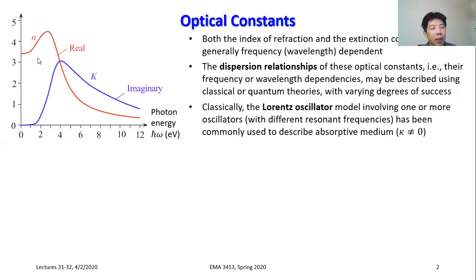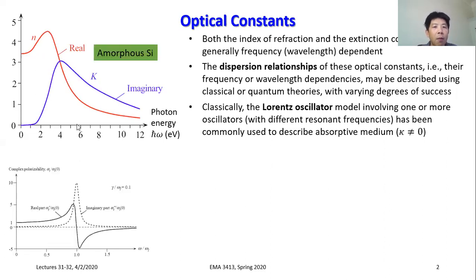For example, as shown here, these are N and K, the real and imaginary parts of the complex index of refraction, as a function of the photon energy for amorphous silicon. Now, amorphous silicon is kind of like silicon, but you don't necessarily have long-range periodicity, so it's not a crystal. You still have a little bit of local ordering.